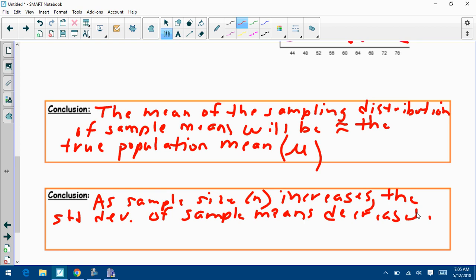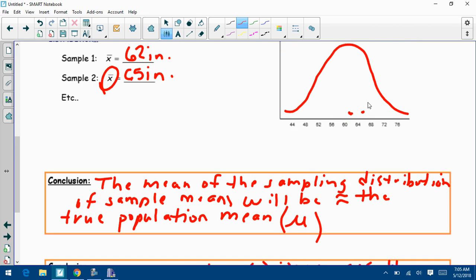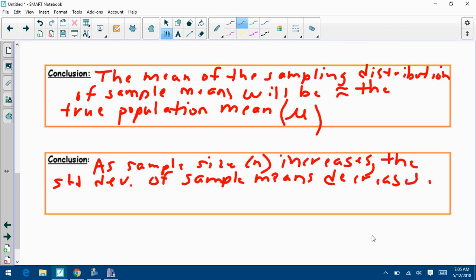As I take more samples, it should be less crazily spread out and more clumped around the middle. So that's essentially saying it becomes more normally distributed.